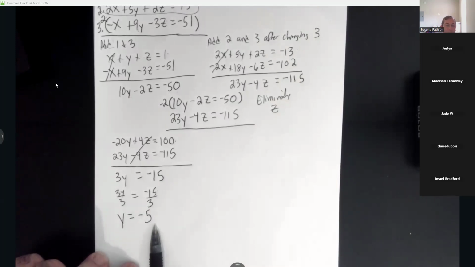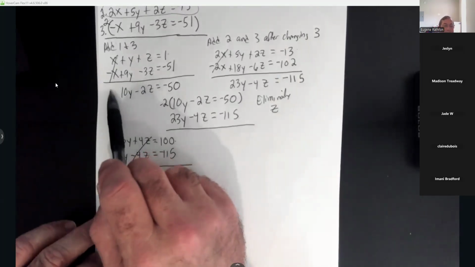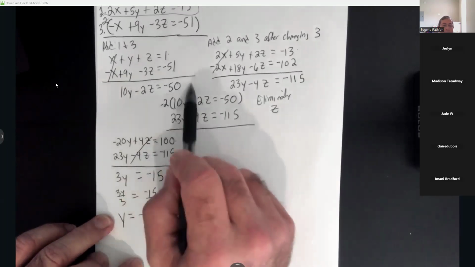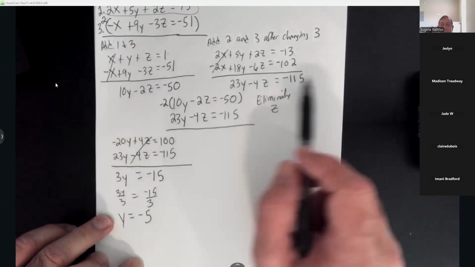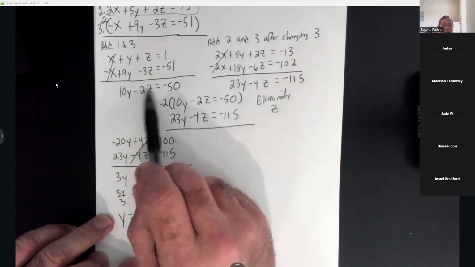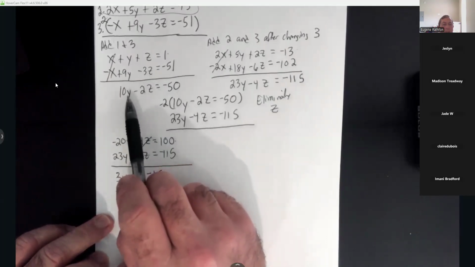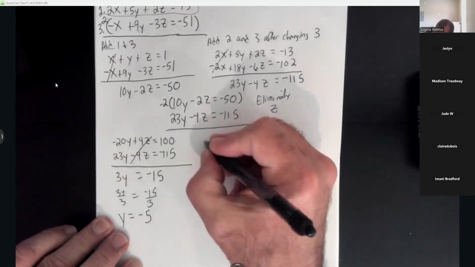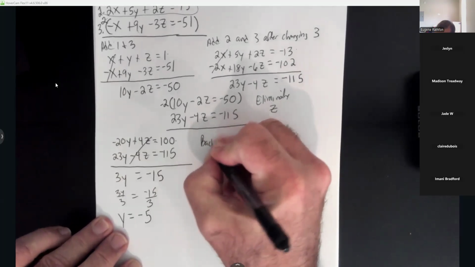So since I know what my y is, I'm going to plug it into this one. Because remember, I could either choose this one or this one and solve for the z. This one looks a little bit easier to me, so I'm just going to back substitute.